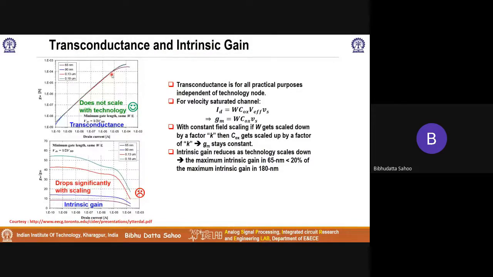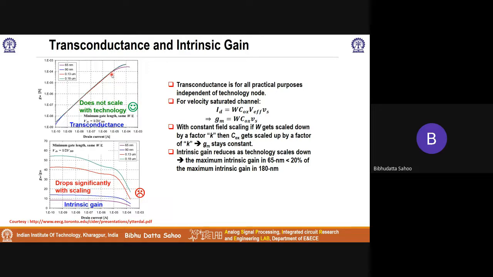So my point is, if I scale up 28 nanometer devices to 65 nanometer, and then compare the performance, how do you see the comparison?